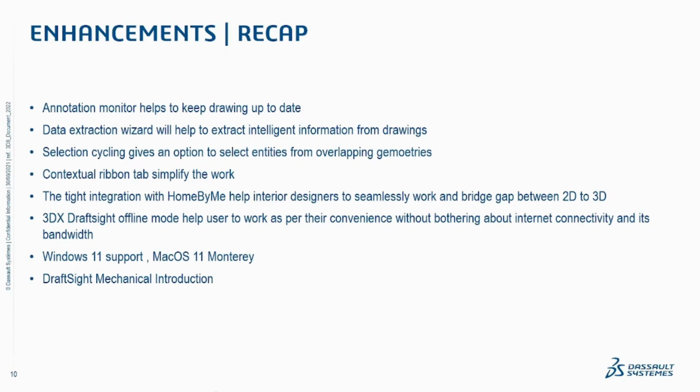The contextual ribbon tab again simplifies the draftsman's work. All of the options will be there on the ribbon. No need to right click, or to remember the options that will be there within that particular command. All of them will be available on the ribbon, and you will easily be able to identify all the options that you need to select with the contextual ribbon tab.